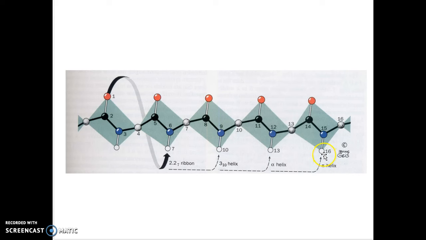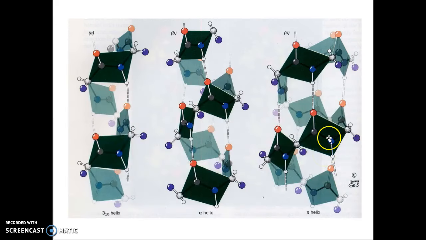Here, pi helix. In the next slide, you can see the actual helices more clearly. Alpha helix at the center, the left side shows a 3-10 helix, much more tightly packed, and pi helix on the right side, loosely packed.